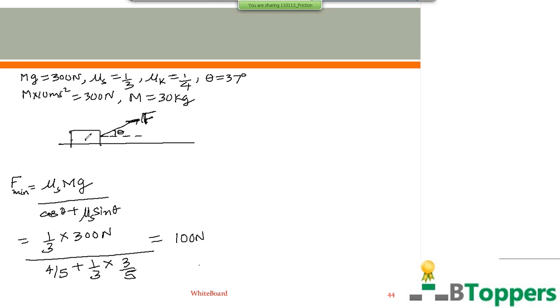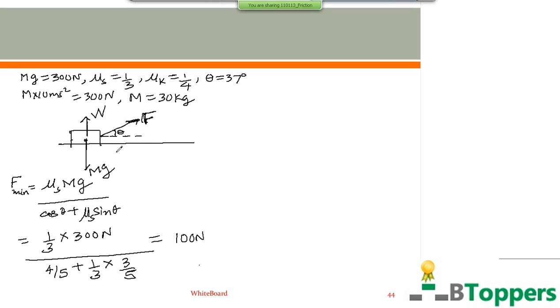Let us consider other forces which act on the block. The weight mg of the block acts vertically downwards. The normal reaction force on the block by the floor acts vertically upwards, perpendicular to the surface of the floor and directed away from the surface of the floor.